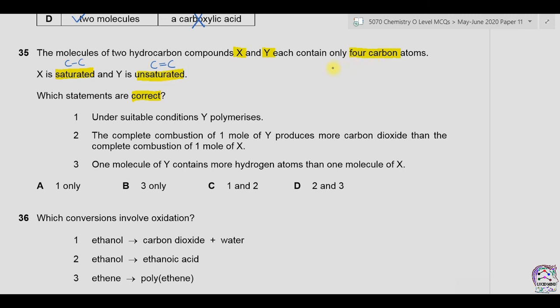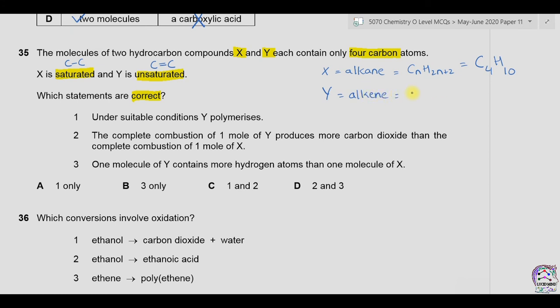As there are 4 carbon atoms, X is an alkane and the general formula for alkane is CnH2n+2. So the formula for 4 carbon atoms must be C4H(4 into 2, 8 plus 2, 10). So it is C4H10.